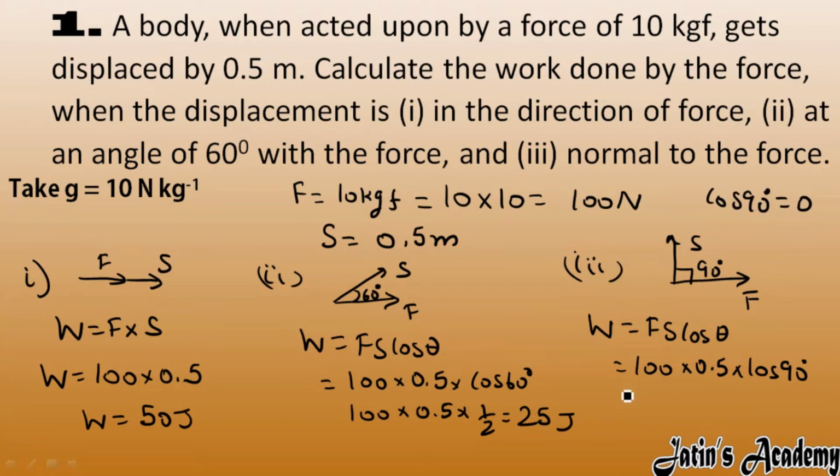So 100 into 0.5 into 0. So work done in this case is 0 joule. So three cases basically we have. From all these cases the concept is clear of how to use the work done formula for different angles.